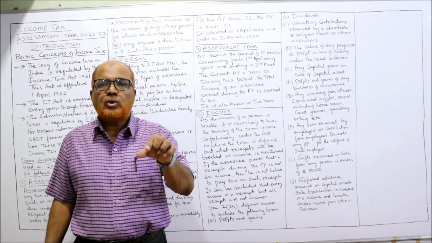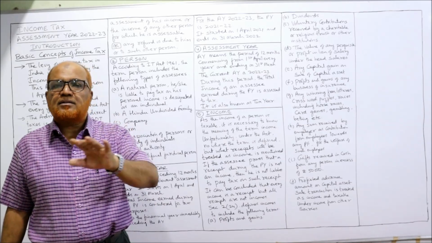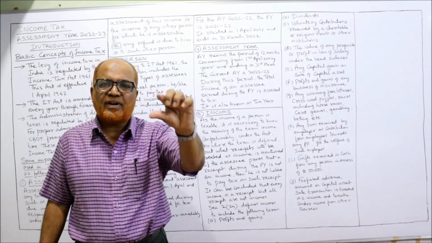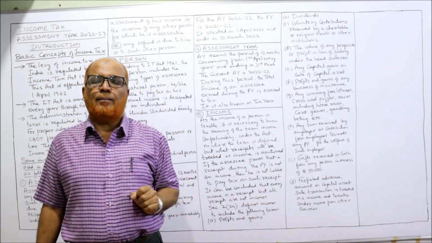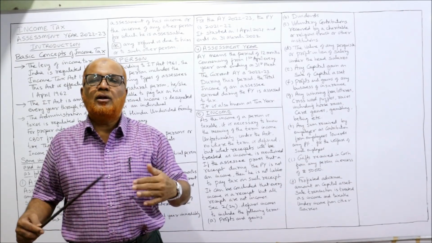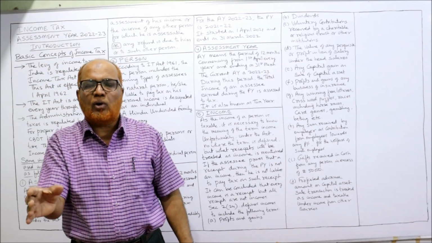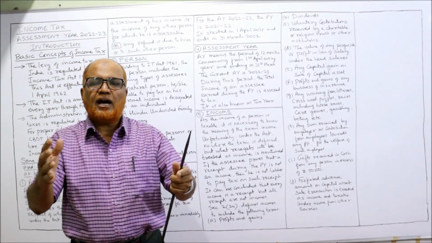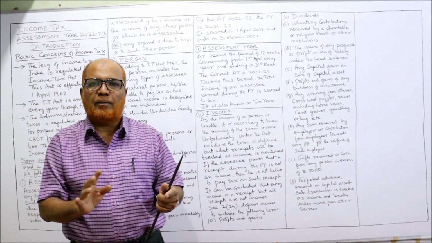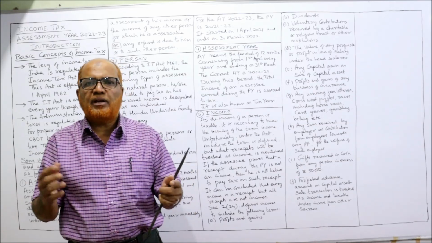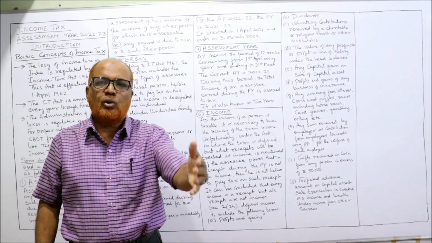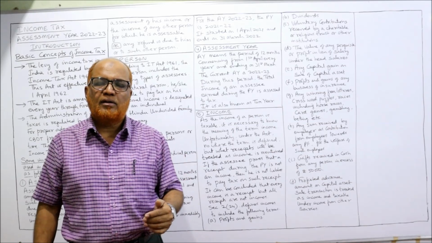But unfortunately, the Income Tax Act has not given a specific definition. It has given only an inclusive definition. It says income includes the following. That means any other item may also become income, because it has given only an inclusive definition.